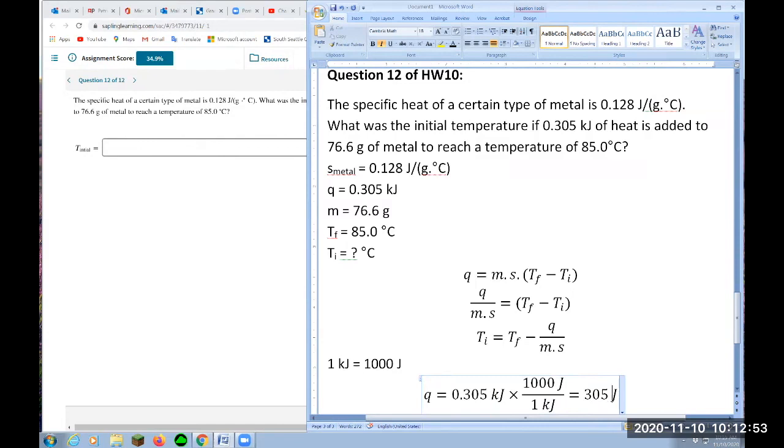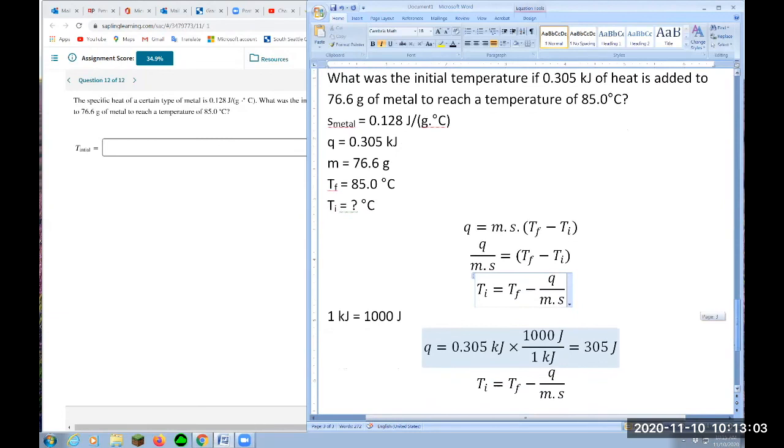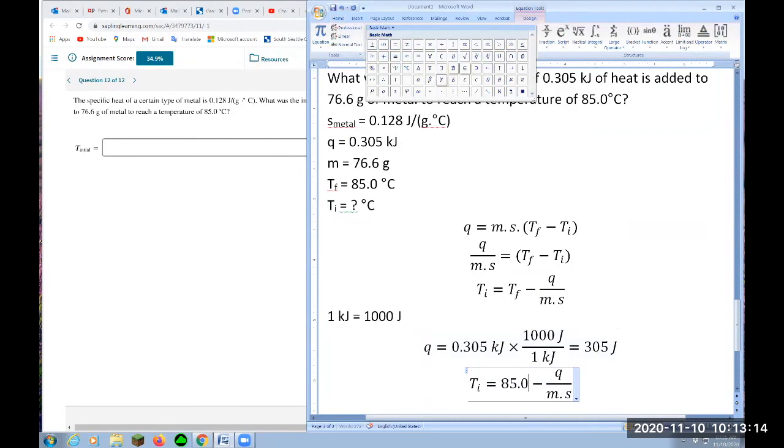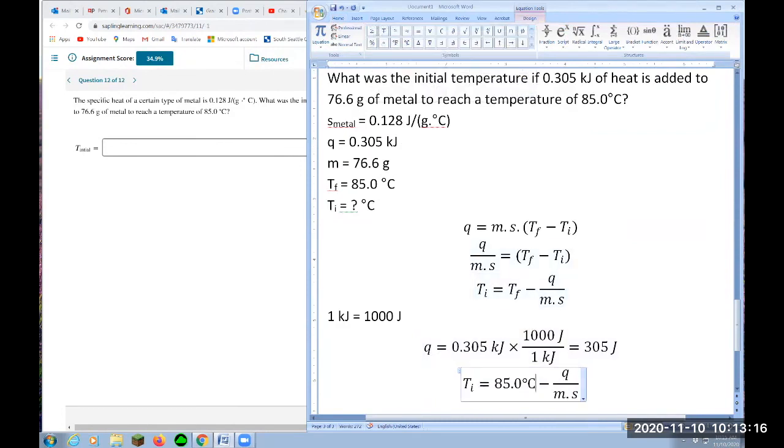So now we have Q in joules, and everything else has the correct unit. So we can plug the values into this equation. Tf is 85.0 degrees Celsius. Q, we just calculated, 305 joules.